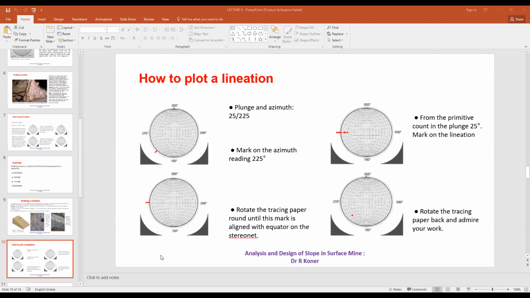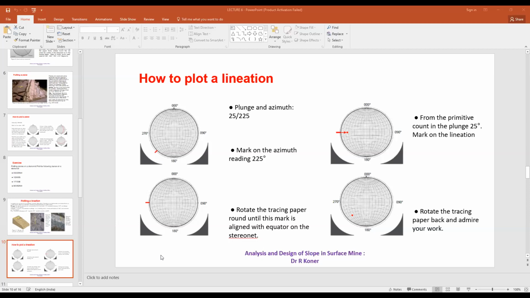But during plotting of a plane, we cannot rotate it in this manner. For a plane, we always rotate anti-clockwise to maintain that orientation.